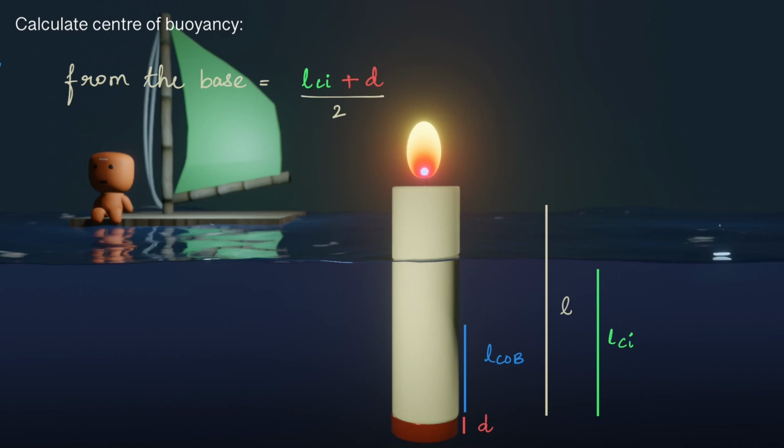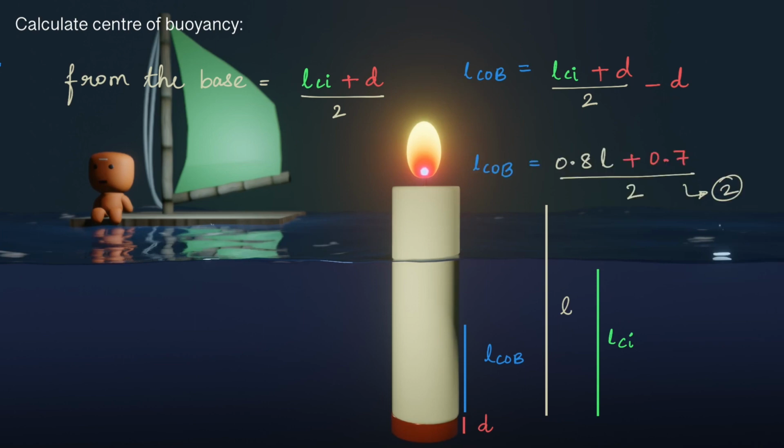But we need to calculate it from this reference level, so LCOB will be this value minus D. So from this reference level, it will be LCI plus D by 2 minus D. Putting in the values, we get LCOB is 0.8L plus 0.7 divided by 2.